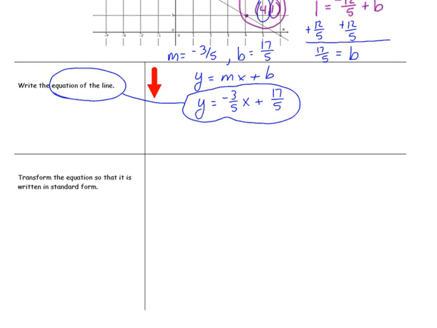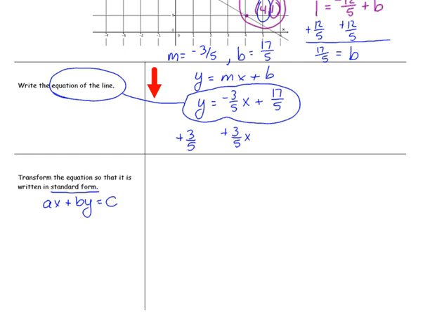Here we're also asked to transform the equation so that it is written in standard form. Recall that standard form is ax plus by equals c. We'll add 3/5 x to both sides of the equation.